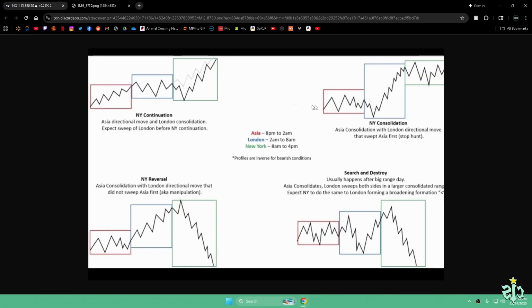But yeah, just keep these in mind as well, because these help a lot with how you look at how market moves.